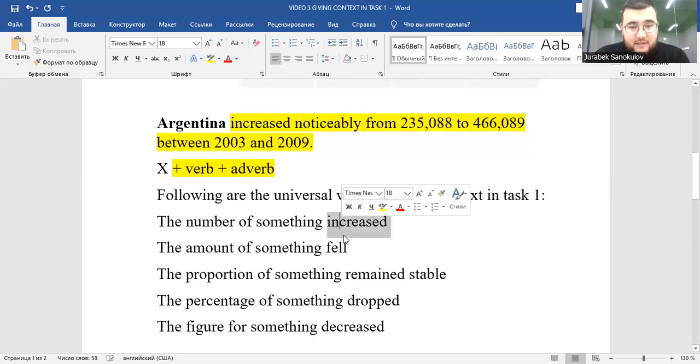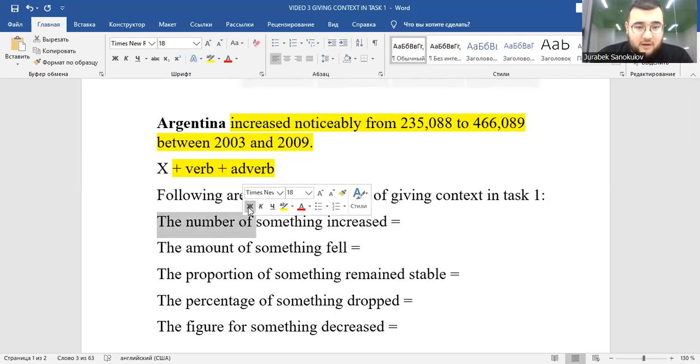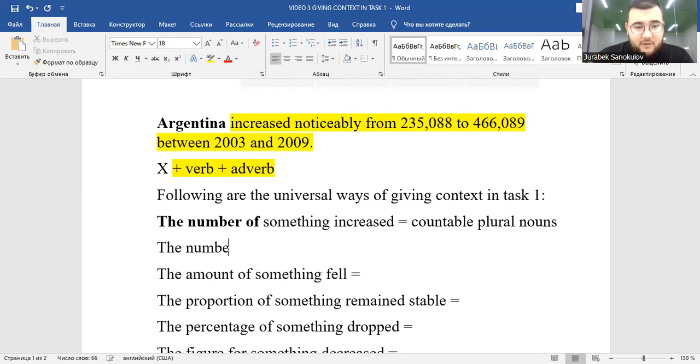So these, like increase, fell, remain stable, drop, decrease, are just random examples, right? So here's the thing. You need to know in which case you will use each one of these sentence structures. Here you will use the number of with countable plural nouns. For example, you can say the number of cars rose noticeably.